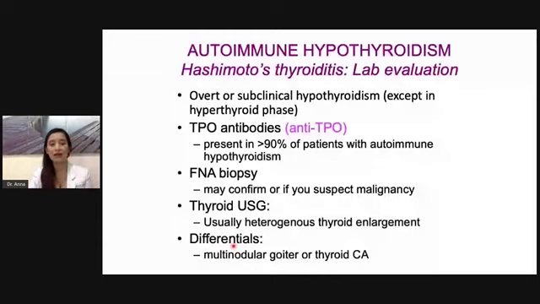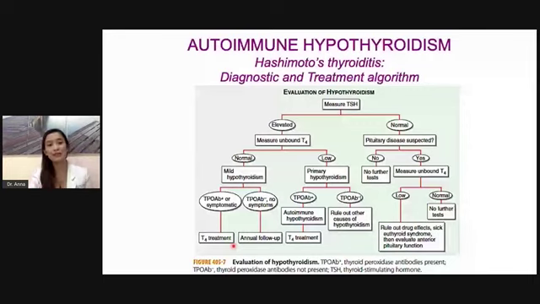So how do we diagnose and treat patients suspected to have Hashimoto's thyroiditis? Again, you measure TSH first, but if you're highly suspecting or it's very overt hypothyroidism, you can do both at the same time, TSH and FT4. If the TSH is elevated, you look at the T4. If it's normal, then the interpretation will be subclinical hypothyroidism.